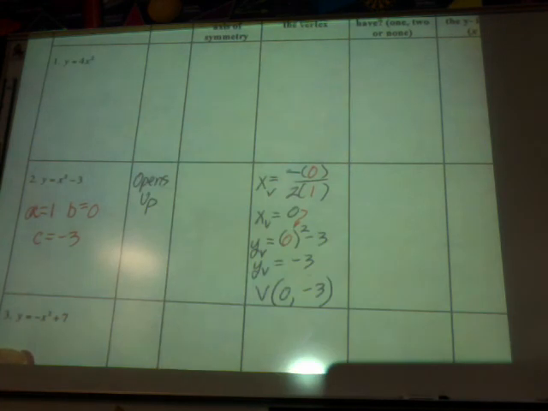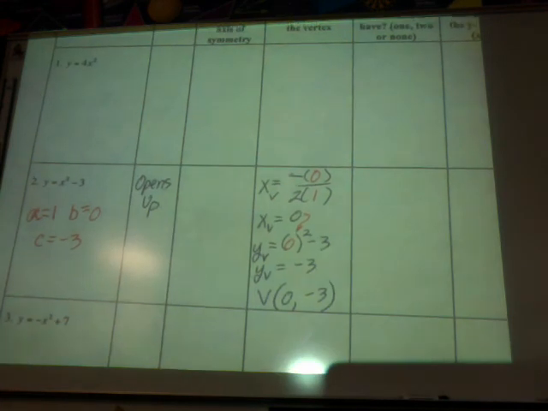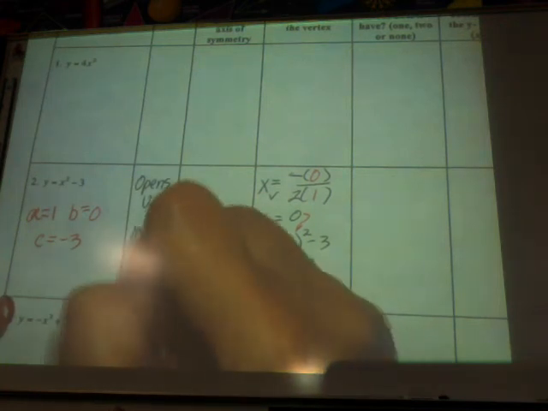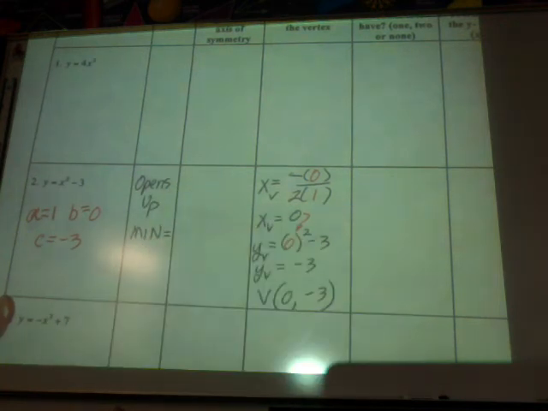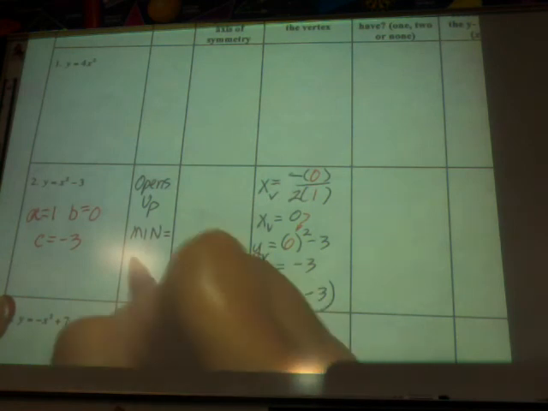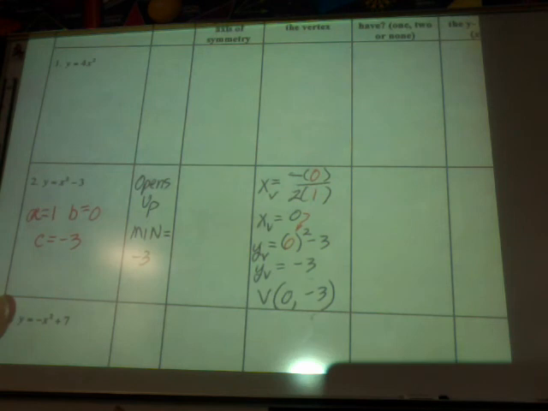So this opens up, and I want you to write that in here. That means it has a max or minimum value. Think of it: the vertex is at the top or the bottom. It's at the bottom, so is it a max or a min? So it is a min value that equals what? What's the y value of the vertex? -3. So the min value is -3.